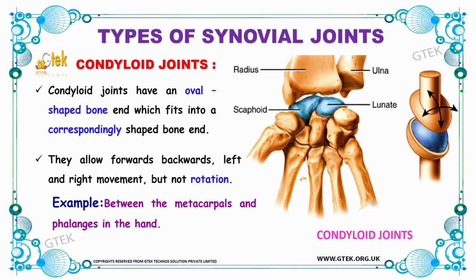Next we have condyloid joints. Condyloid joints have an oval shaped bone which fits into a correspondingly shaped bone end, and they allow forward and backward, left and right movement, just like the movement that your wrist gives, but it does not give rotation.